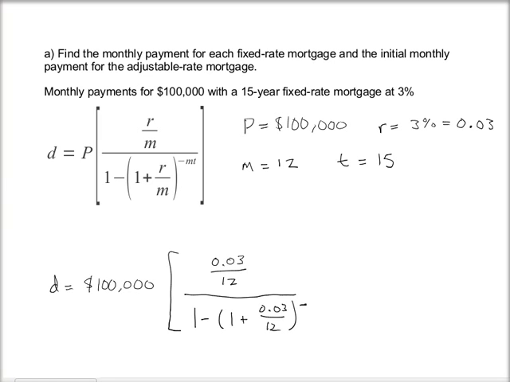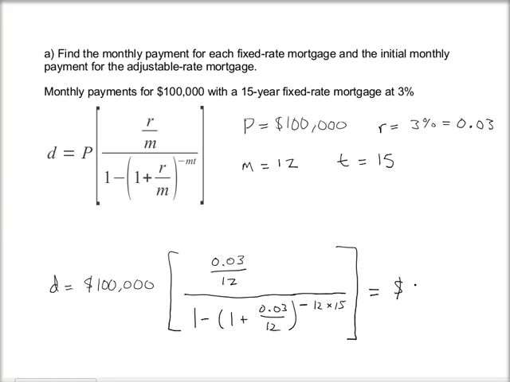This time my power is negative 12 times 15. Again, I'm going to carefully put that all in my calculator, and you can break it up and first figure out what 0.03 divided by 12 is, so you can simplify things a little bit to keep from making mistakes when you're entering this.